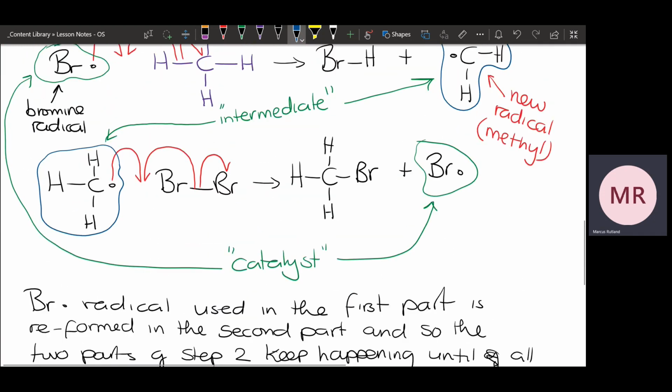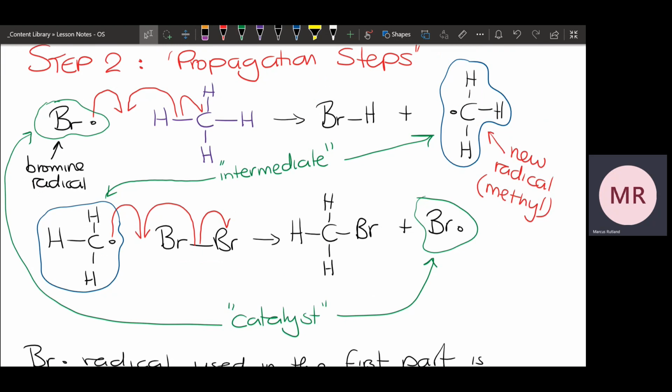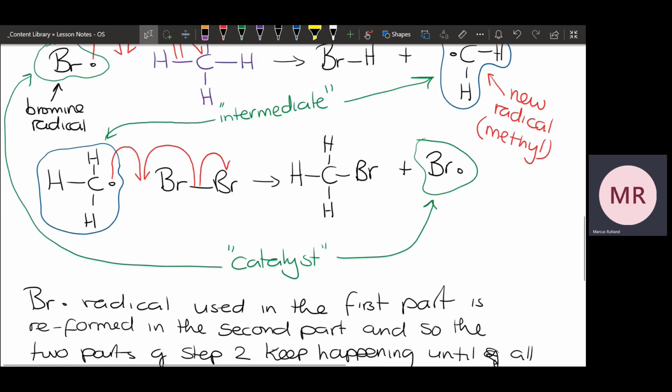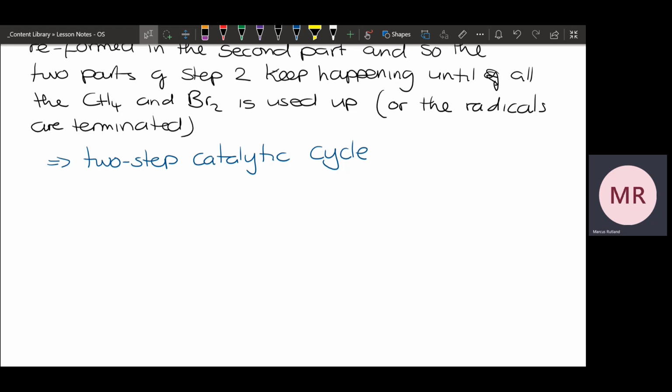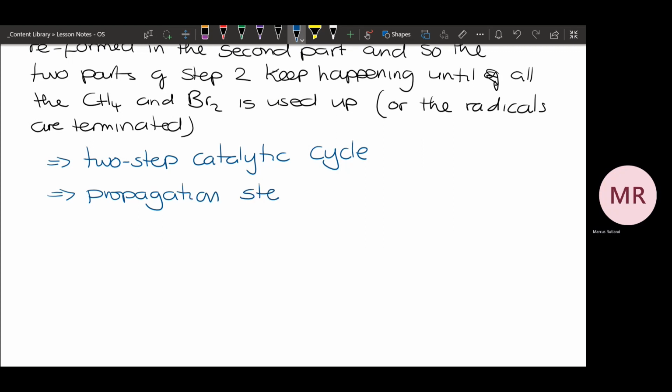There's 2 parts to step 2, involving a catalyst that go round in a circle effectively, with the bromine radical being used up in the first step and reproduced in the second step to do its thing again and again. It's also called propagation. So these are propagation steps.